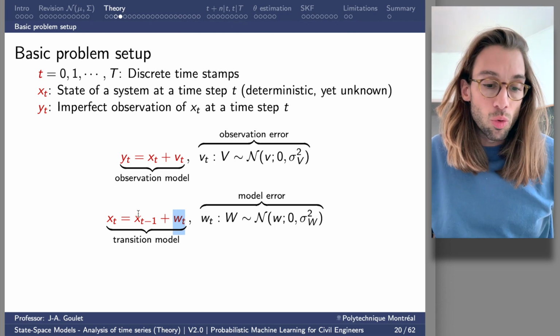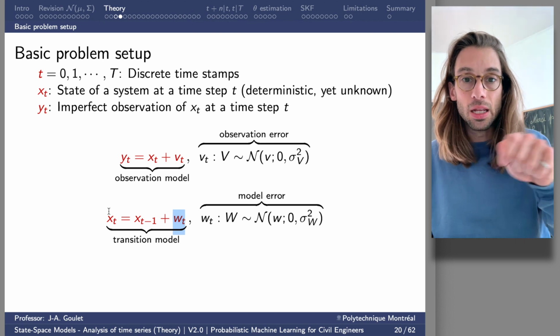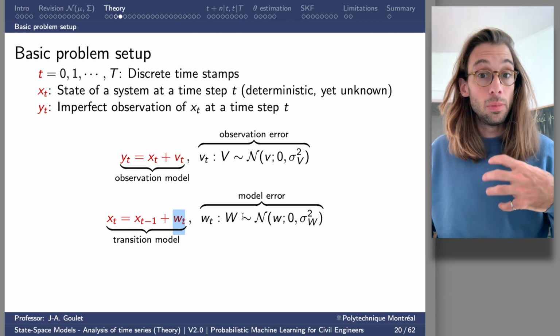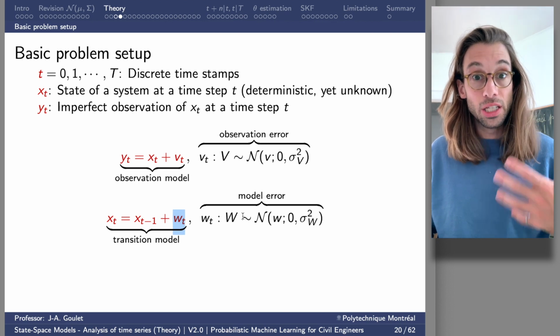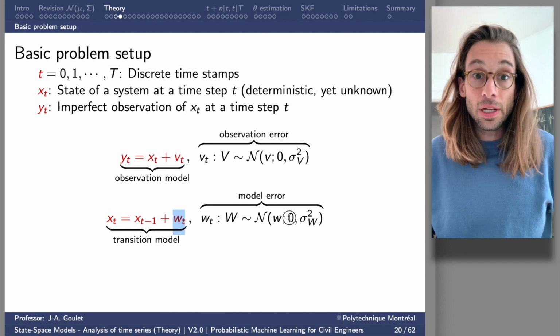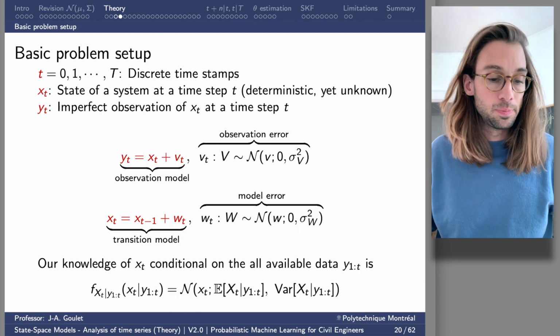The transition model is the one that allows the transition of my hidden states over time. That transition error wt is again the realization of a Gaussian random variable with expected value 0 and variance sigma w squared.